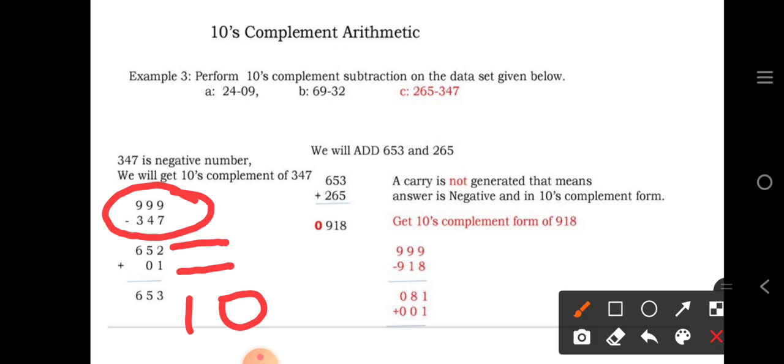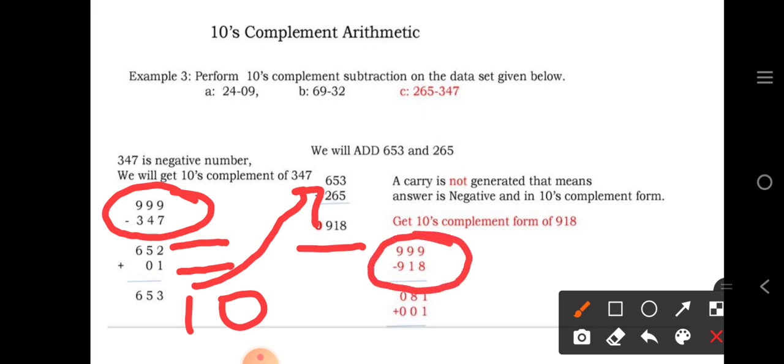Now we will add this number to 265. After adding this, we will get the number 0918, where carry is not generated. That means the answer is negative. As the answer is negative, we have to again get the 10's complement form of 918. To get the 10's complement, we first take the 9's complement, that is subtracting 918 from 999.